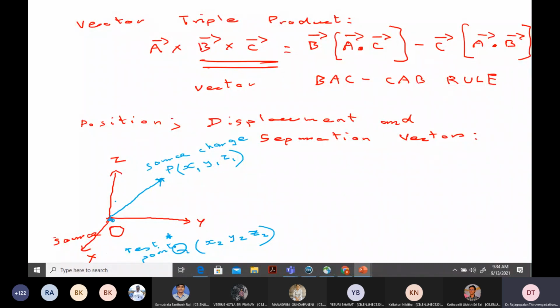This is my practice. This one is actually r prime. The prime coordinate I always refer to as the source. Prime coordinates define the source. This is the way I define it.